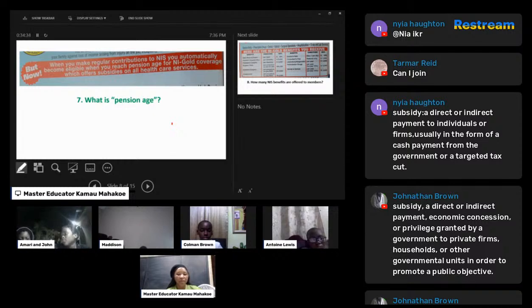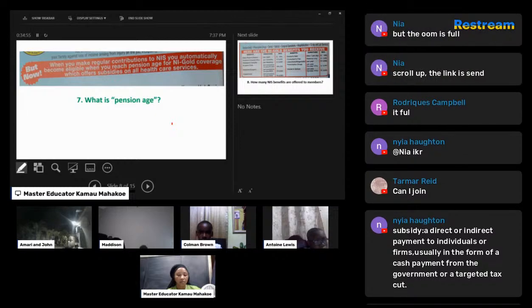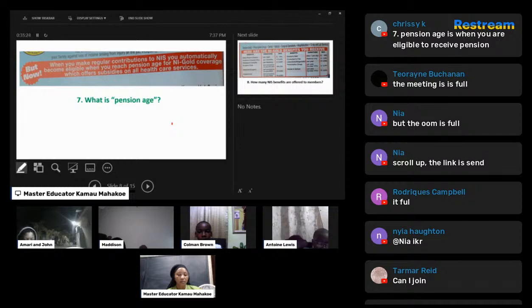Read it again. When you make regular contributions to NIS, you automatically become eligible when you reach pension age for NI Gold coverage, which offers subsidies on all healthcare services.